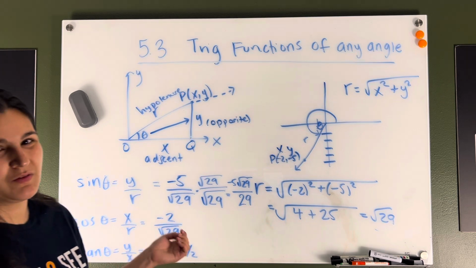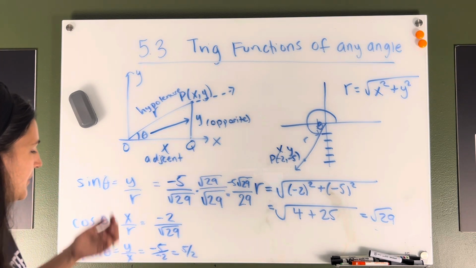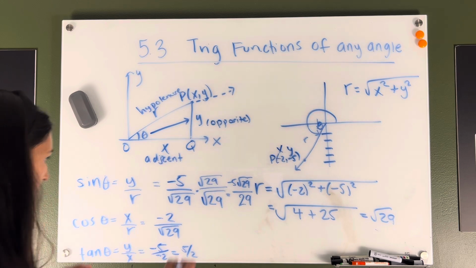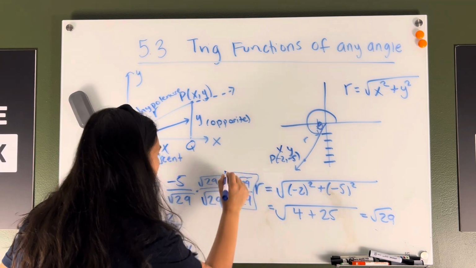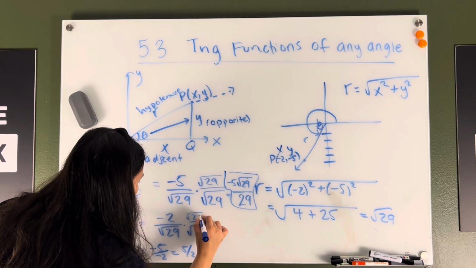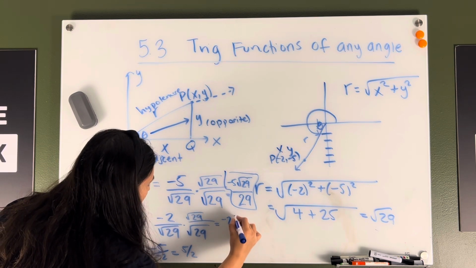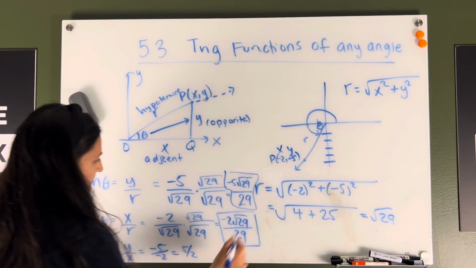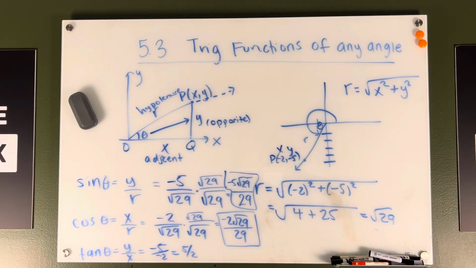For the most part, you don't have to really worry about simplifying it. You'll see that most of these numbers are imperfect squares, so this is good enough. Okay, same thing over here. Let's rationalize the denominator. So it'd be -2 square root of 29 all over 29. Perfect.